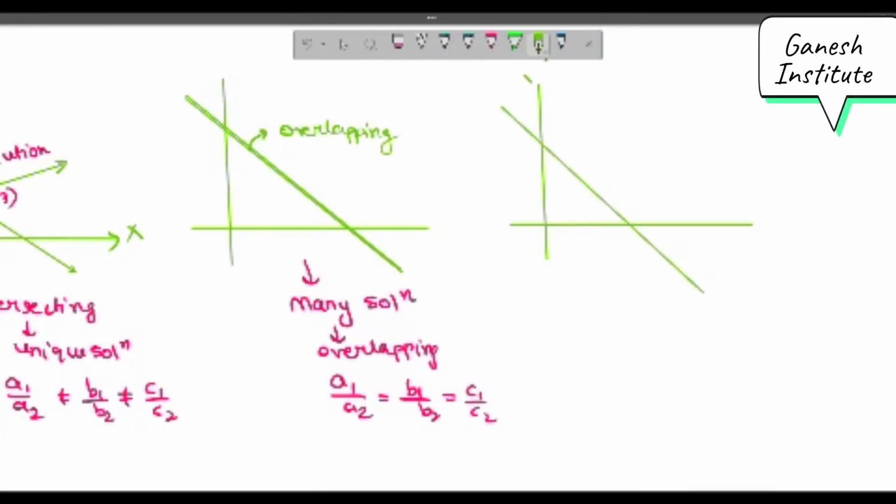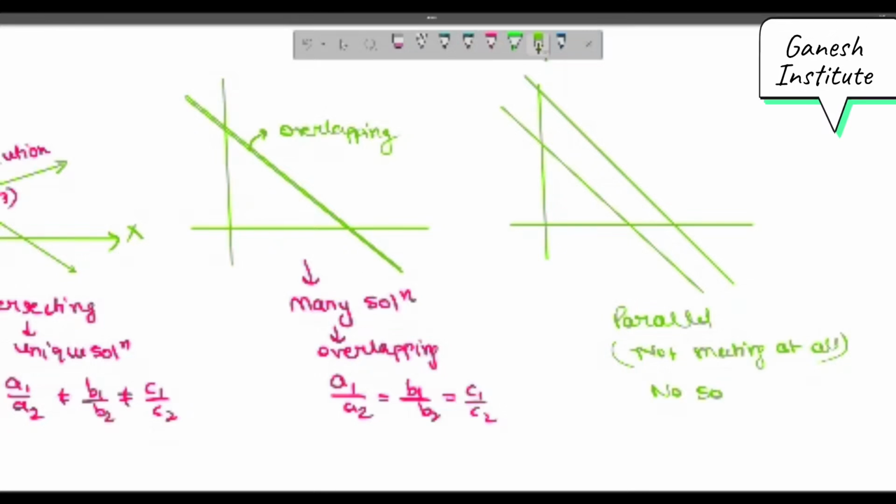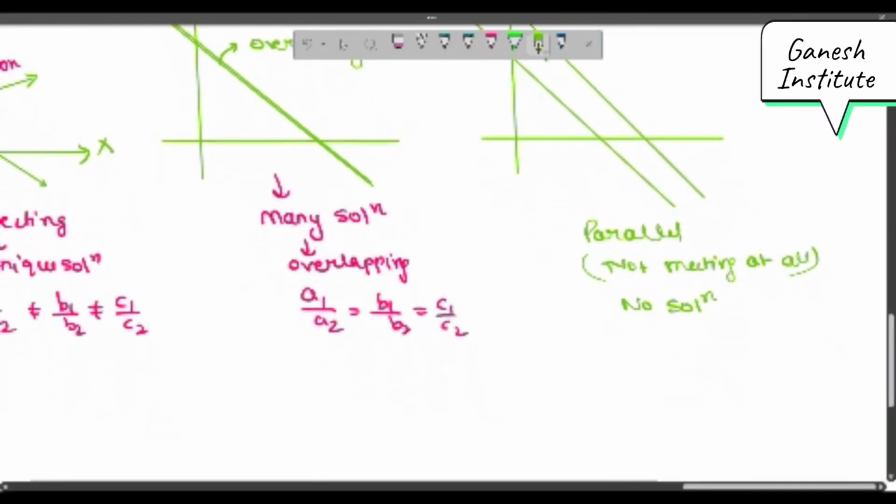And that can happen only when they are parallel, isn't it? Yes. If they are parallel, they are not going to meet each other at all, and hence this is the case of no solution. And that can happen for parallel lines.